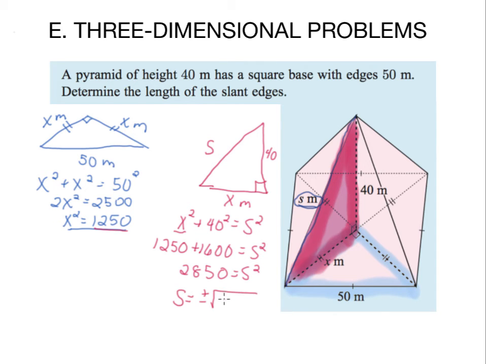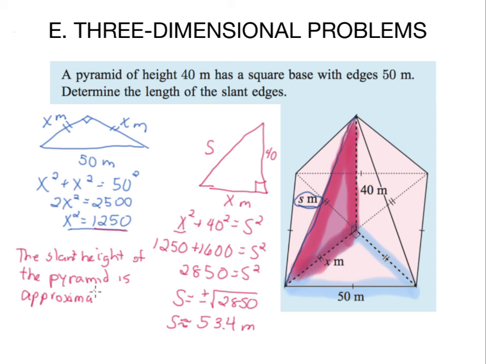So s is equal to plus or minus the square root of 2,850. So s is approximately 53.4 meters. Finally, I'm writing my final answer as a sentence. The slant height of the pyramid is approximately 53.4 meters.